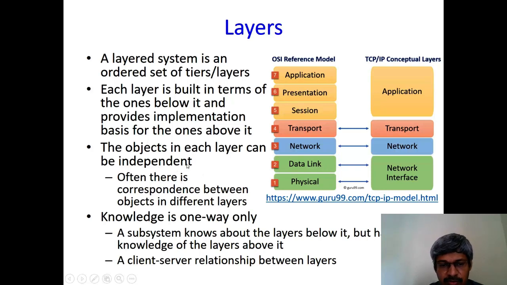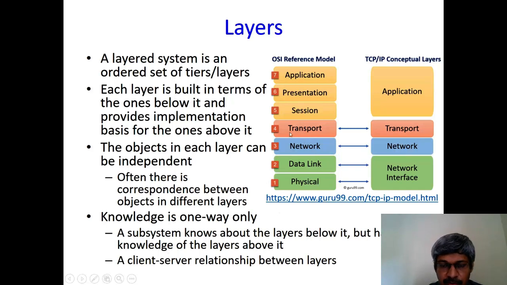Of course, often there is a correspondence between the objects in different layers, and this correspondence happens through interfaces, as we have discussed. But one important thing is that knowledge in these layers is always one way. A subsystem knows about the layers below it, but has no knowledge of the layers above it.